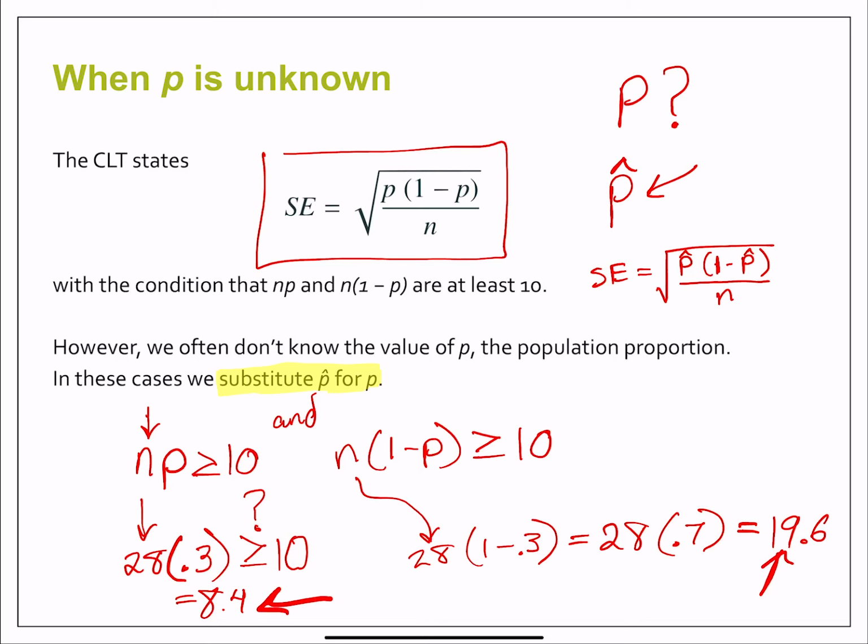And we can actually do the same thing for the mean. Before, we had this thing here, what we were trying to find out, divided by the square root of n, right?